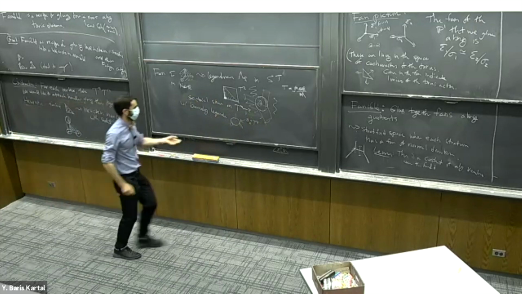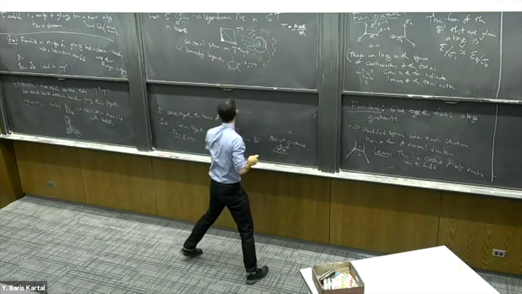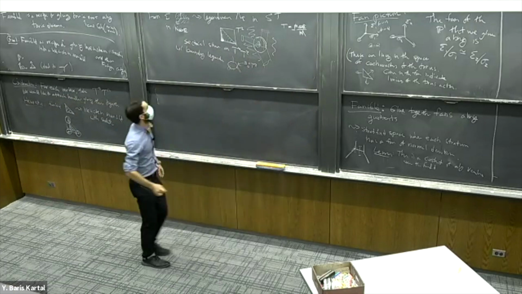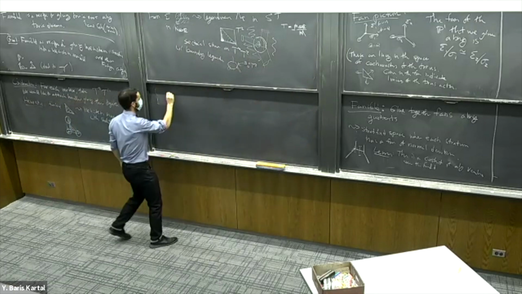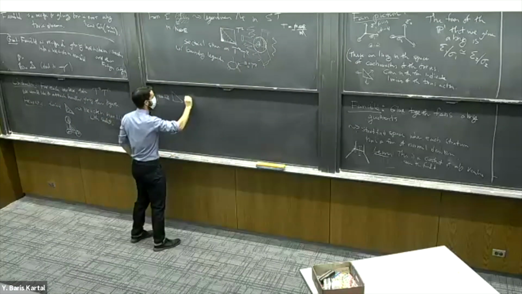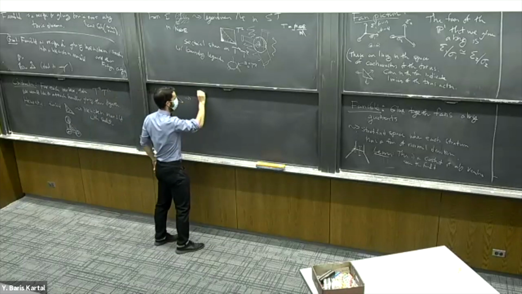So let me draw my schematic picture again. Given this Fanifold, what I did was I started near the vertex. I had one of these 2-tori with these cylinders coming off of it like this.